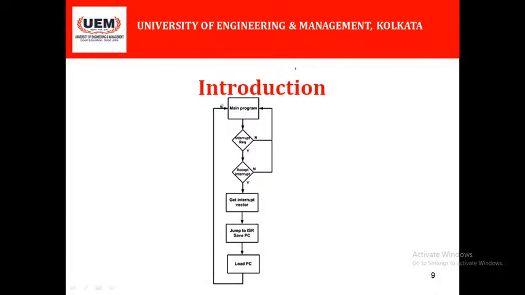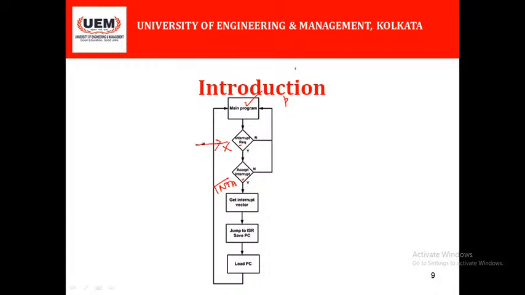So look at that, we are executing the main program P, and suddenly an interrupt occurs from device X. If that interrupt occurs, the microprocessor accepts the interrupt, and it will be denoted by the INTA signal.